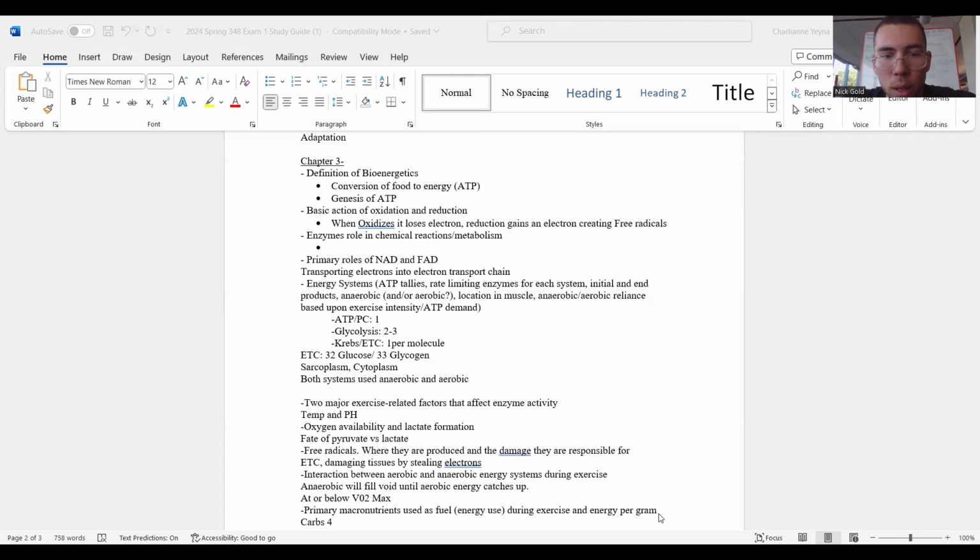Citric acid cycle, it's in the name, Krebs or citric acid cycle. It has isocitrate, so citric, citrate. And last but not least, the electron transport chain. Don't quote me on this, but I remember him saying something like the ETC is in the cytoplasm or in the cytochrome. Not sure.